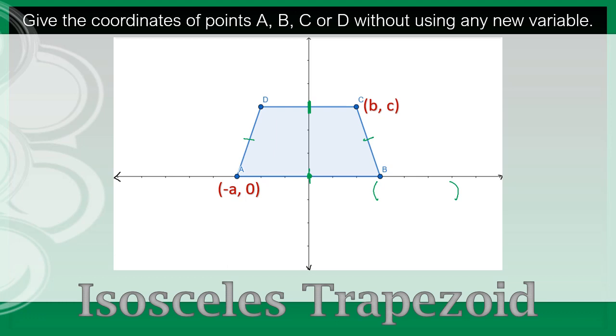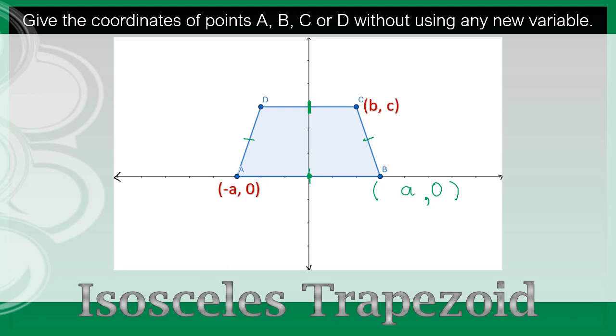We may start with this: since point B lies on the x-axis, the y-coordinate would be 0. Next, how about the x-coordinate of point B? Take a look at what the given data is for the x-coordinate of point A. That means they are equidistant with point B, and that is A. Therefore, we should use A here as well.